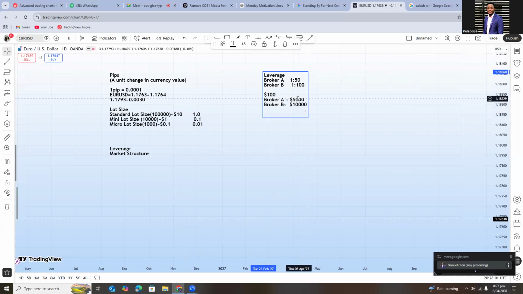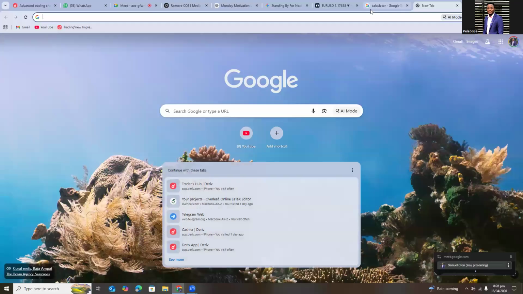For a trader with broker A, you are going to multiply 5,000 by 30, and that is how much profit the person is going to make. Is it 15,000? Sorry, no. Let us do that here. The calculator, where is it?